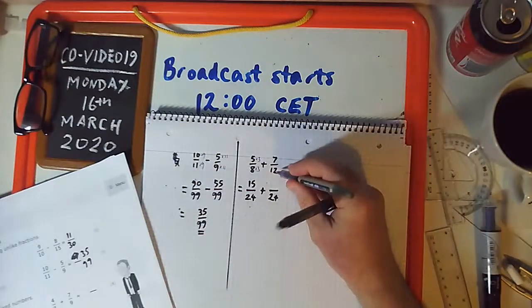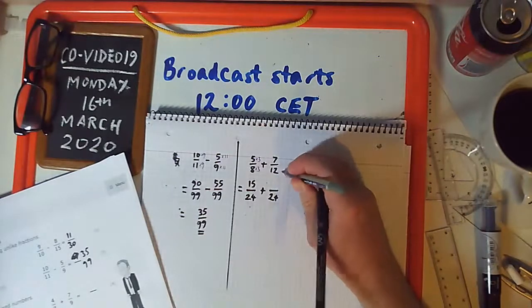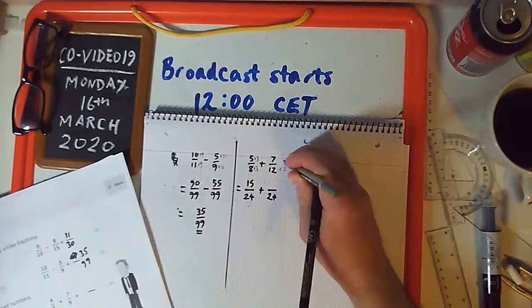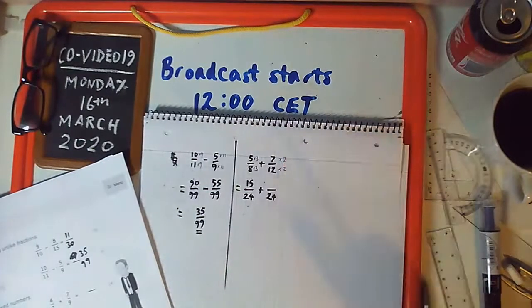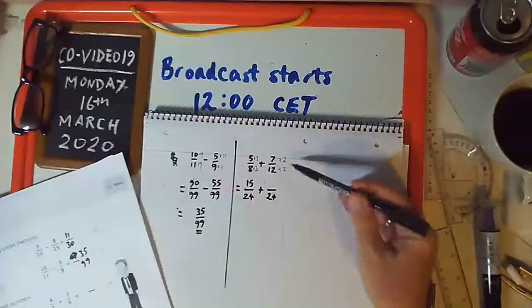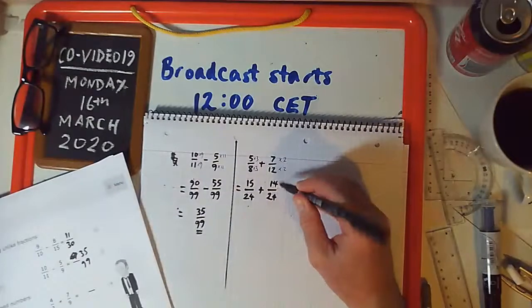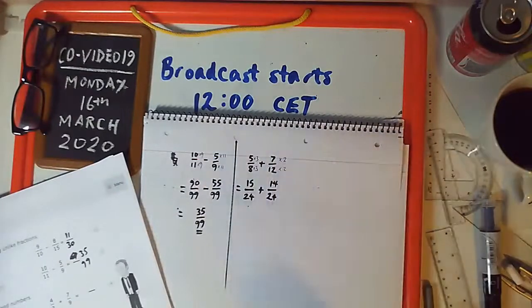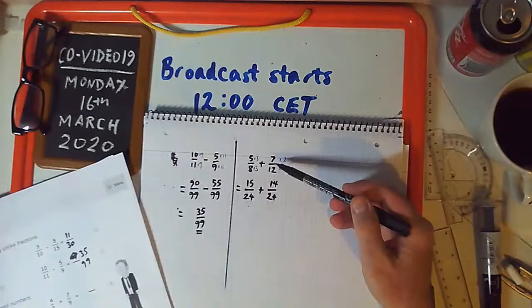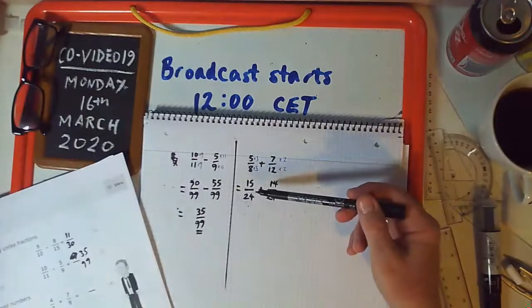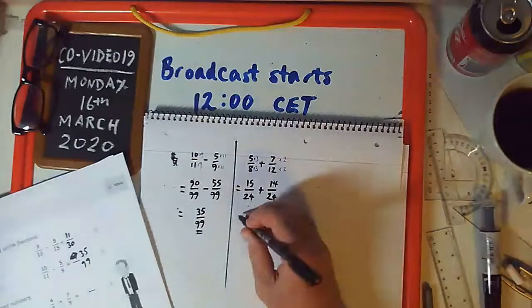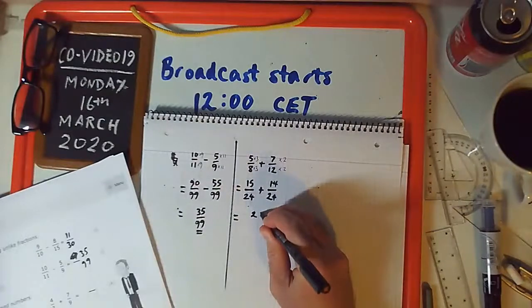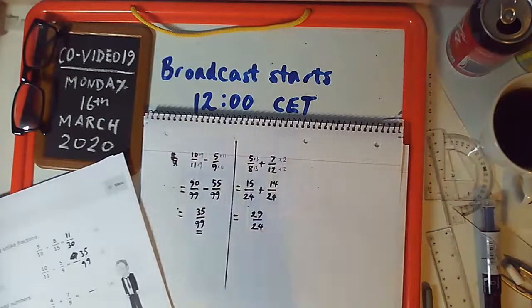Then what do I need to multiply 12 by to get the 24? Well, it's 2, isn't it? So I need to multiply the whole thing by 2/2. So 7 times 2 is 14, and 12 times 2 is 24. So 5/8 plus 7/12 is the same as 15/24 plus 14/24, which is 29/24.